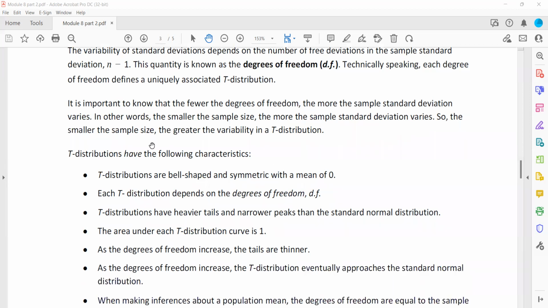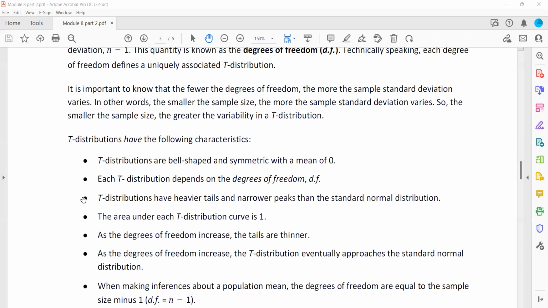T distributions have the following characteristics. T distributions are bell-shaped, symmetric, and the mean of the T distribution is 0. Each T distribution depends on the degrees of freedom, df. T distributions have heavier tails and narrower peaks than the standard normal distribution that we saw before. The area under each T distribution is 1, or 100%.